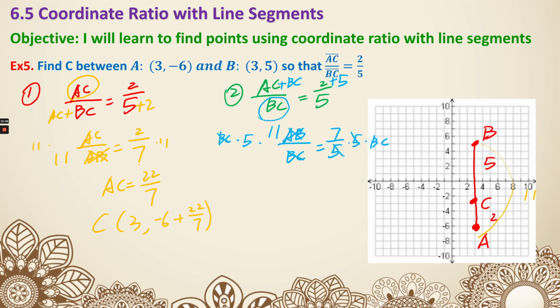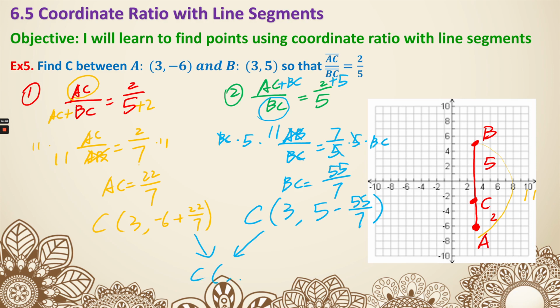I get 55 equals 7 BC, so BC would have to be 55 over 7. And in this case, that means C is 55 over 7 below B. So in order to find my point C, I need to keep the x coordinate, but the y coordinate, since it's below, I need to subtract 55 over 7. No matter what, both of them will give you the same answer for C, which is 3, -20 over 7. That is example 5.